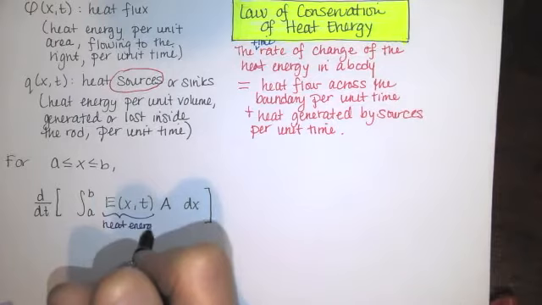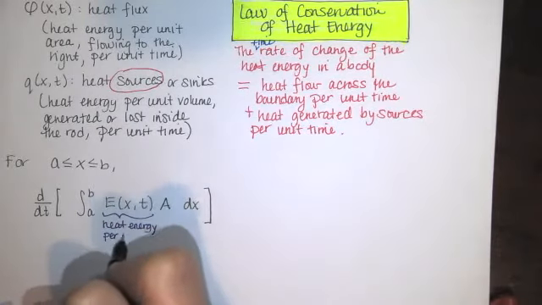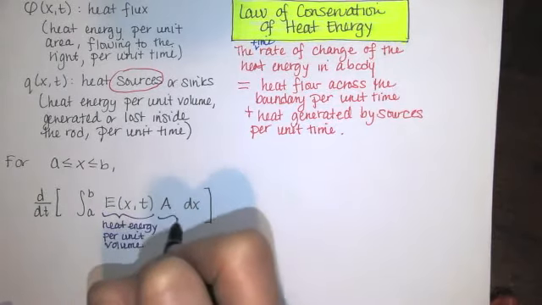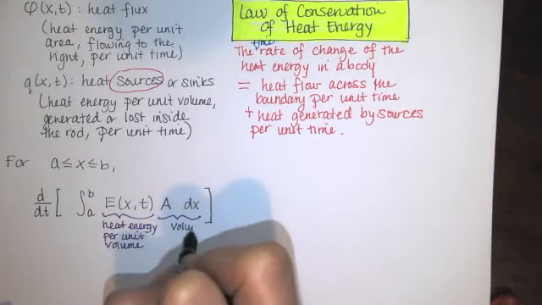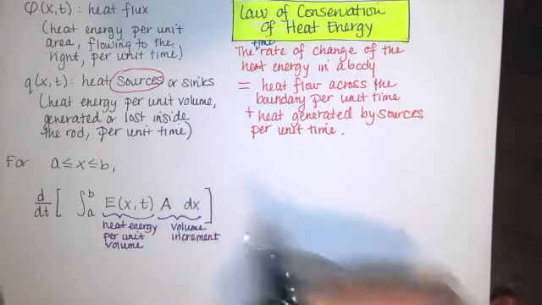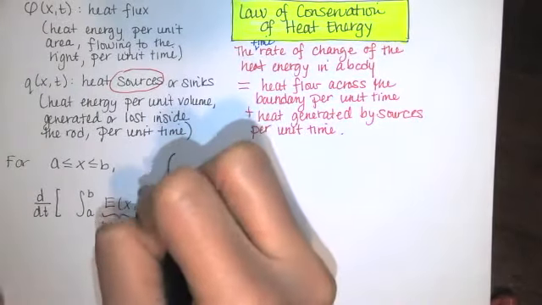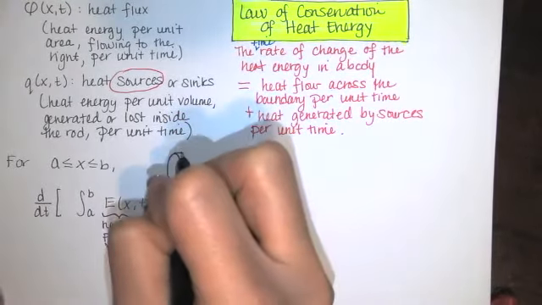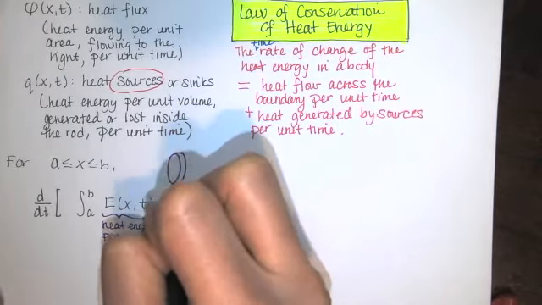Okay, heat energy per unit volume. This is just a tiny volume increment, or an infinitesimal volume increment. We're still dealing with delta x.